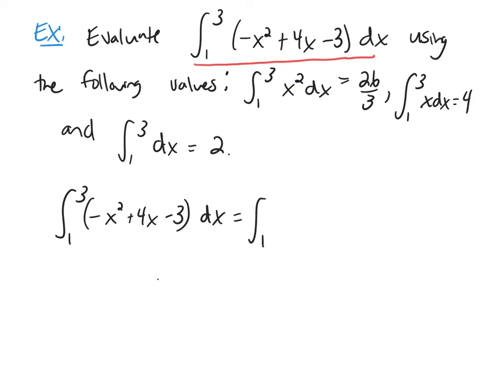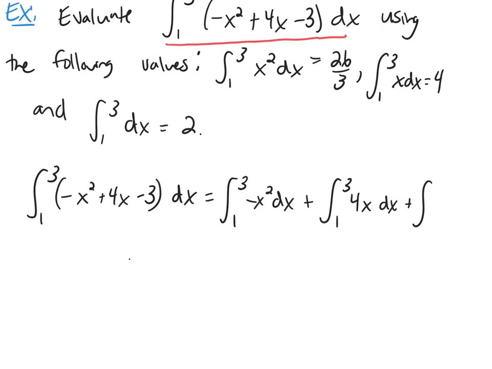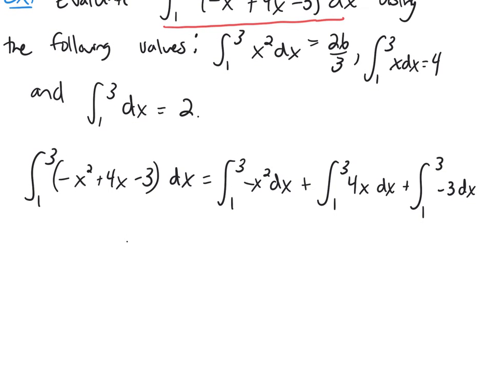So the integral from 1 to 3, plus the integral from 1 to 3, plus the integral from 1 to 3 of negative 3 dx. So that was all using property 2.